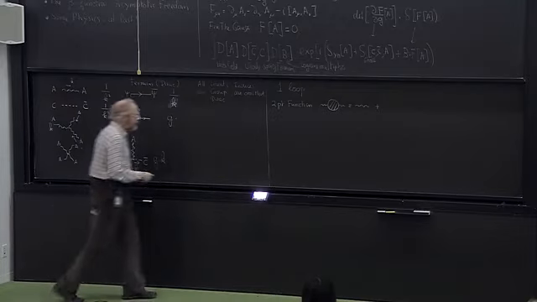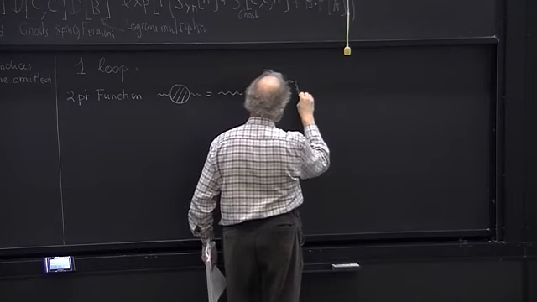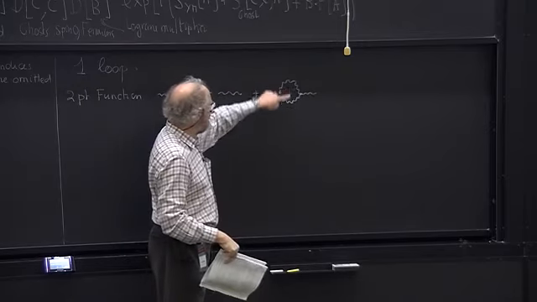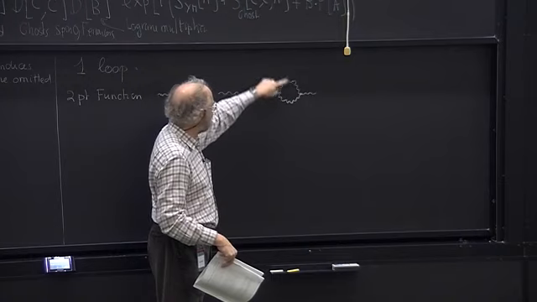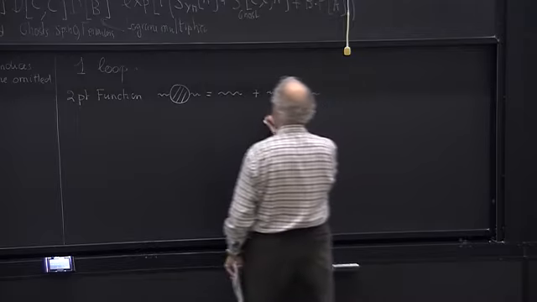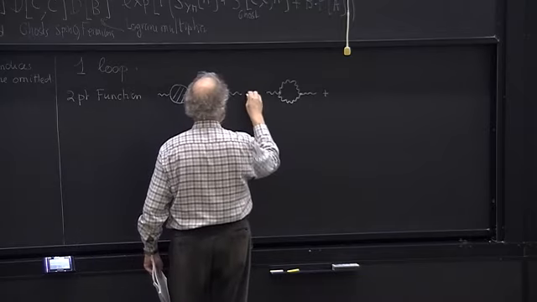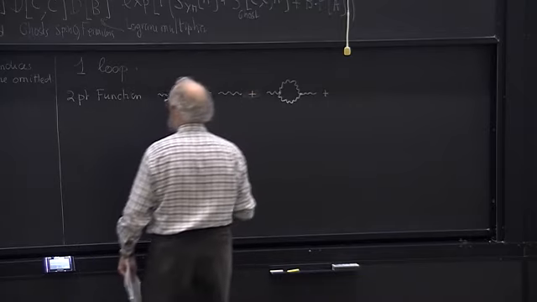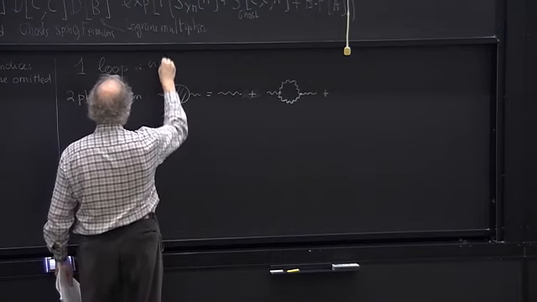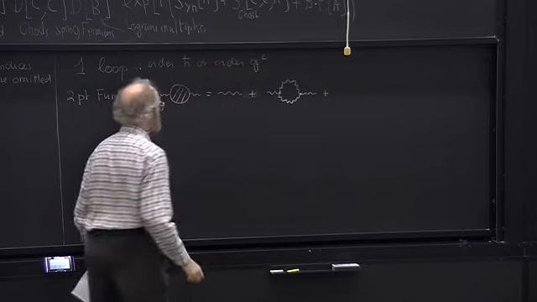There are three kinds of, well, four, but first you have this kind of diagram that involves the creation and annihilation of a pair of virtual gauge fields. Okay. And of course, this is of order g squared. So again, one loop means order h bar or order g squared. Okay.